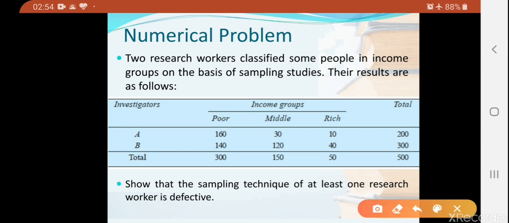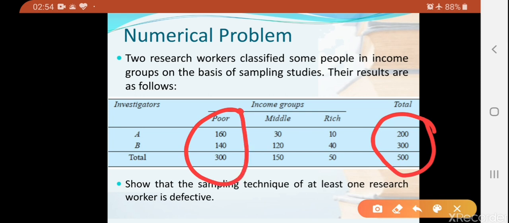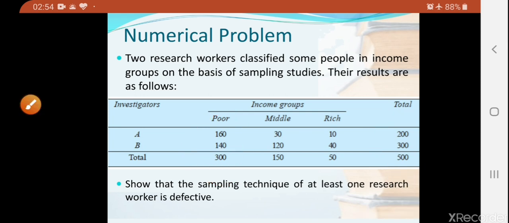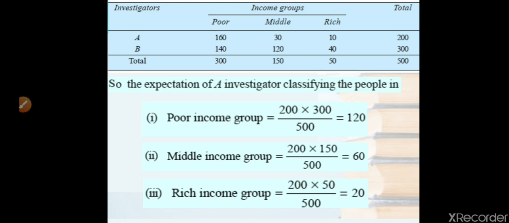Here we will find the row total: 160 plus 30 plus 30 equals 200. Similarly, the column total: 160 plus 140 is equal to 300. So we will do these calculations first. Here we have to show that the sampling technique of at least one researcher's work is defective. So first of all we will calculate the expectation of an investigator classifying the people.